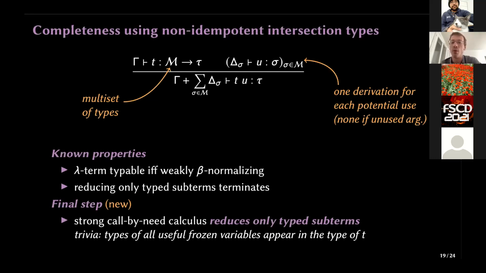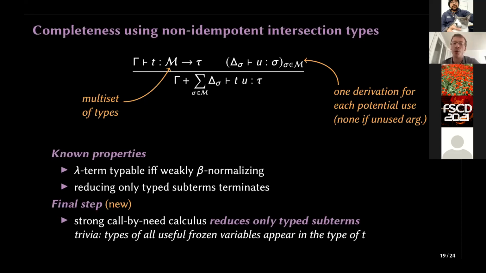And then when we are typing an application, which is the rule I gave here as an example, we'll have one typing derivation for each possible use of the argument. And what is important, and I think this is the difference with the talk just before, here it's possible that there will be no typing derivation for some argument, in the case this argument is actually not used.